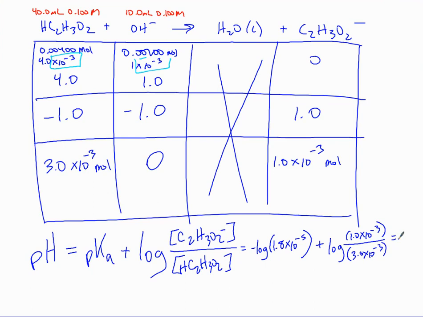And this will give you your pH of this solution. So it's a lot easier than making a second ice chart as long as you know the basics of plug in the numbers. That's it. So the pKa for acetic acid is 4.74, and whatever all this is.